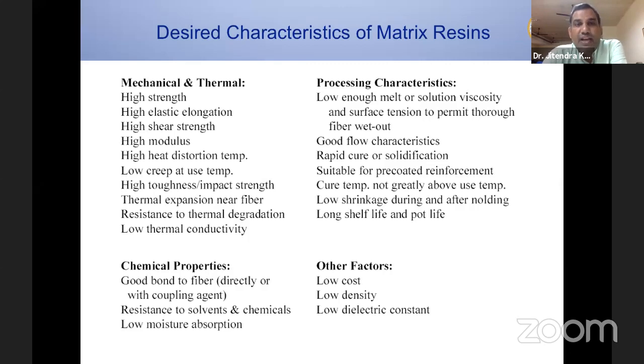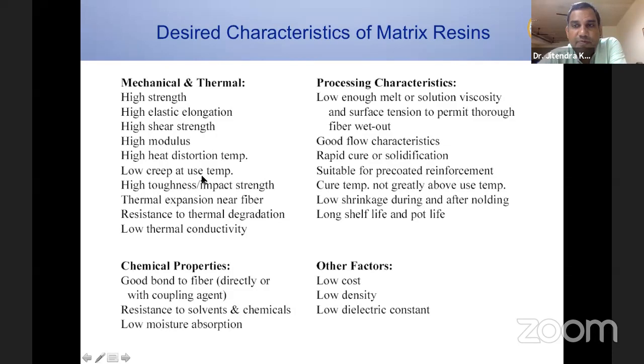How you can select any matrix, what their desired characteristics are, is very important. You can see here, according to the mechanical and thermal properties you want, either high strength, high elastic elongation, high modulus, you need low creep. What is creep?